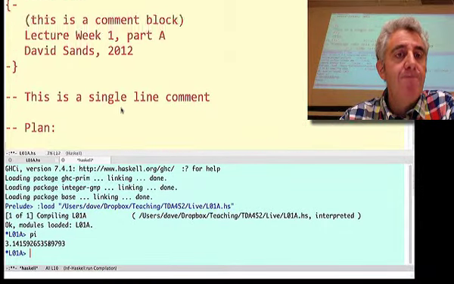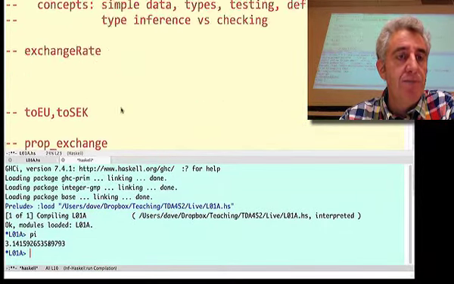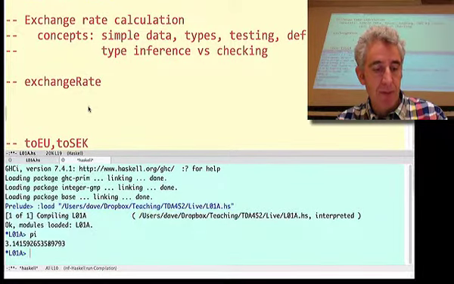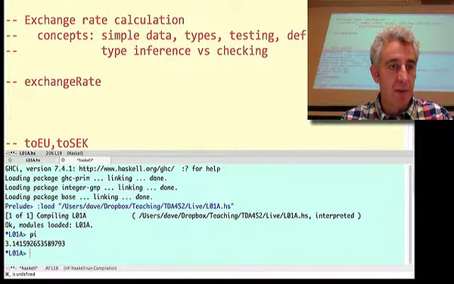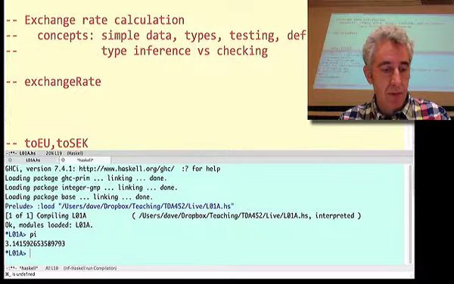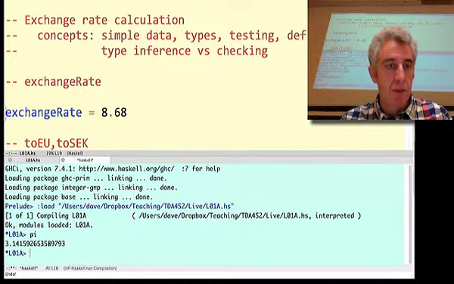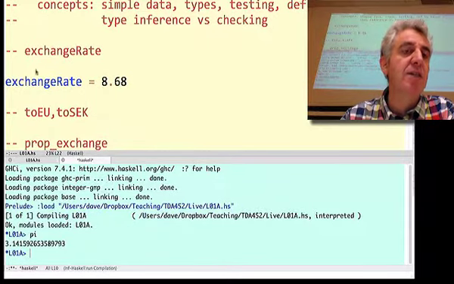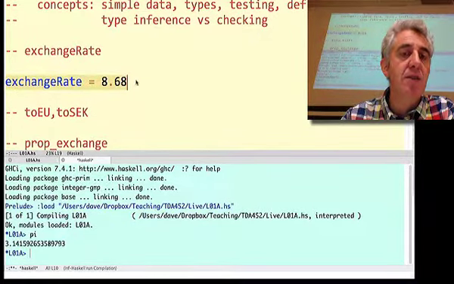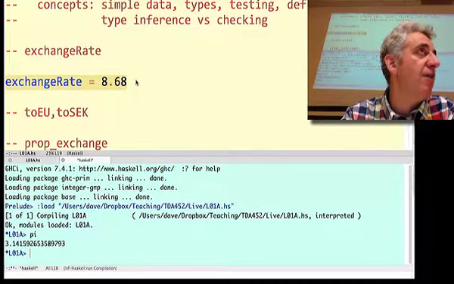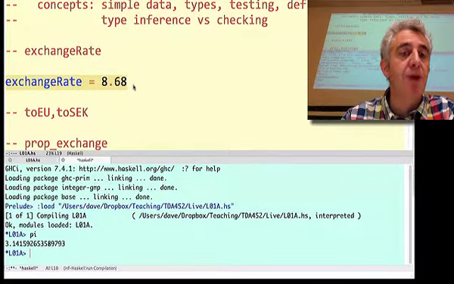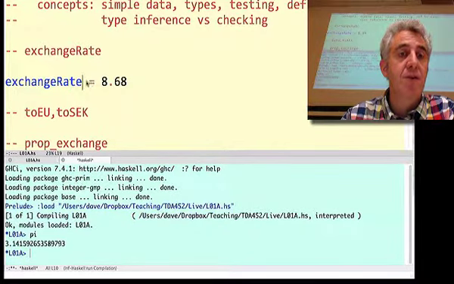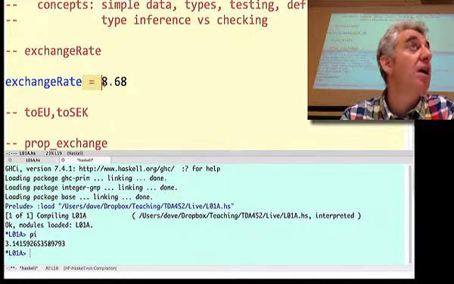All right, so we have a definition, and that was our exchange rate. I've just deleted it. Let's get that back there. Okay, so let's define a couple of other things. This is a definition. This is not a declaration of a variable. This is not something that a program will be able to change. All definitions, things which are introduced with an equal sign, are immutable.